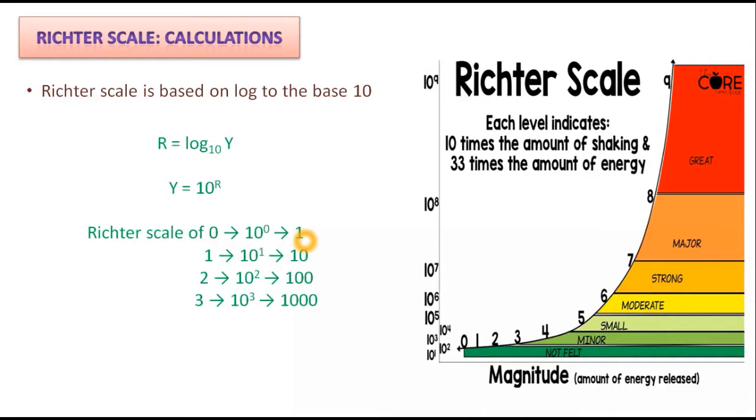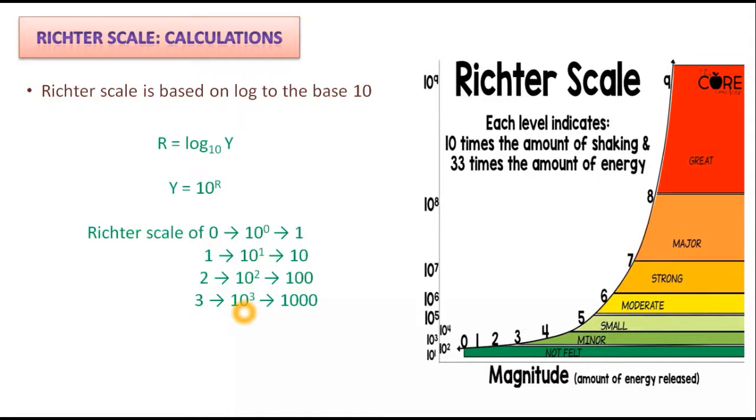Here the value of y is 1, so the value of amplitude is 1. Now if we have a Richter value of 1, it would mean 10 to the power of 1, so that means 10. Again, if we have a Richter scale of 2, that means 10 to the power of 2, which is equal to 100. A Richter scale of 3 means 10 to the power of 3, which is 1000.